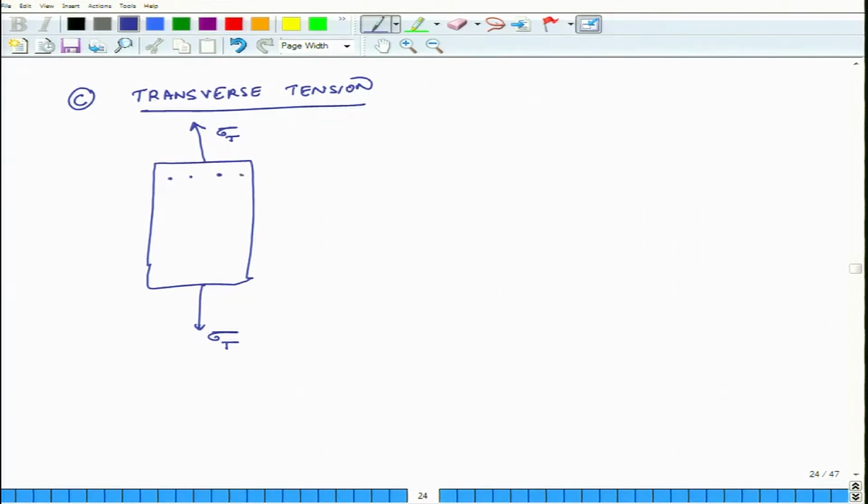What that means is that the fibers are aligned at 90° to the external load.